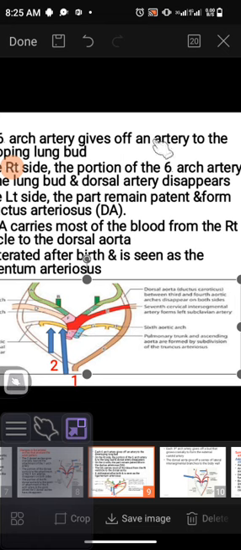Why? The reason for this is that as of then, the lungs are not inflated and hence not functional yet. Oxygenated blood from the mother is coming from the placenta, and there is no need to send blood from the heart to the lungs.